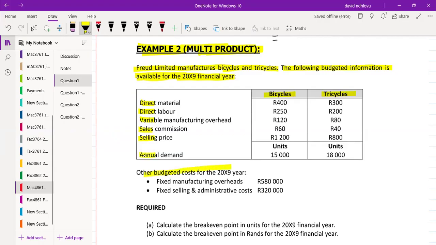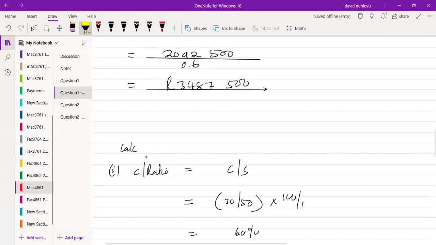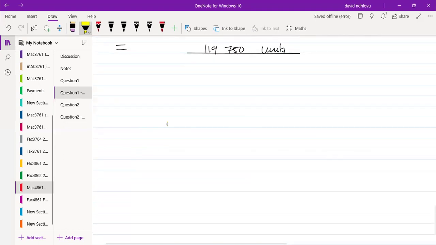The other budgeted costs for the year are fixed manufacturing, fixed selling, and administrative. So what we do here to calculate break-even in our example number 2 is actually a very simple calculation.